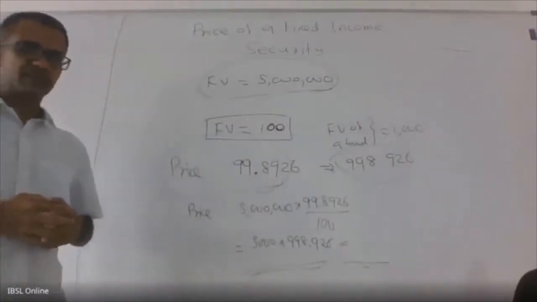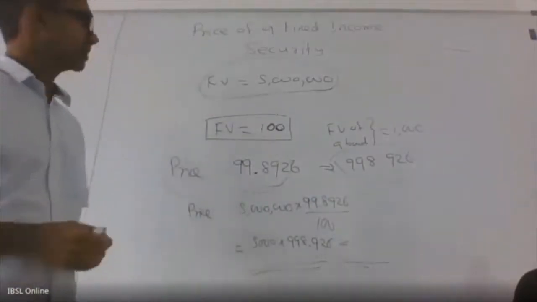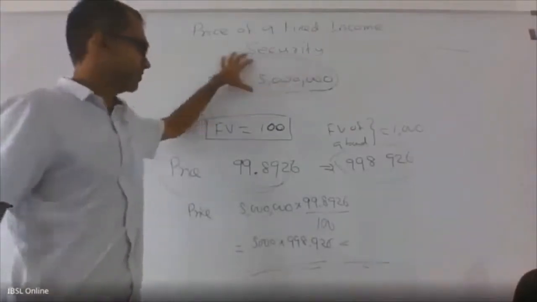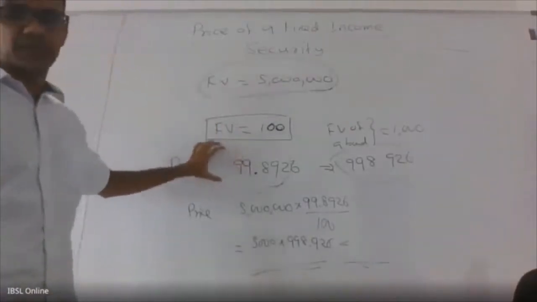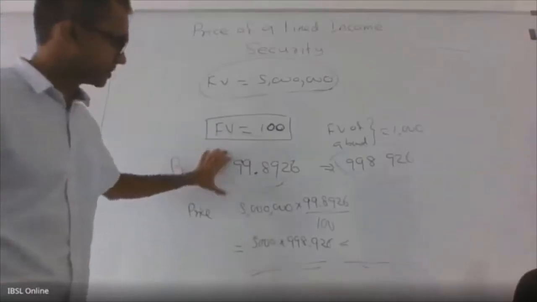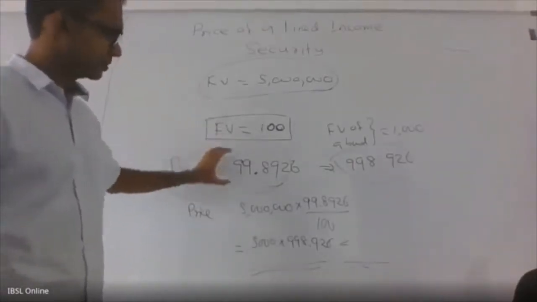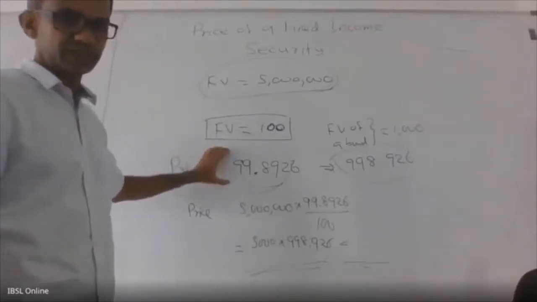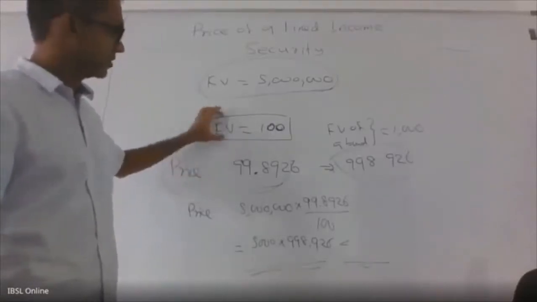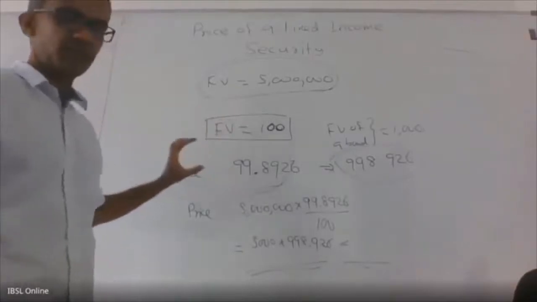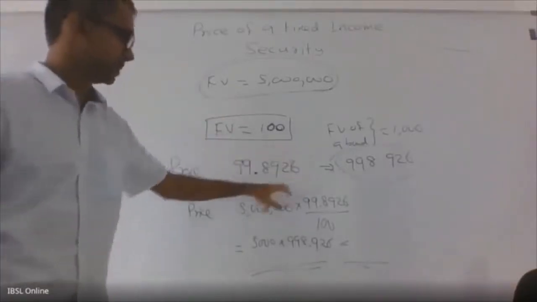So remember that as well. But in the market, we go by this face value and the percentage price. This price is a percentage. We do calculation based on the face value 100. So the price comes as a percentage. If the face value is 100, price is 99.8. This is the percentage price.